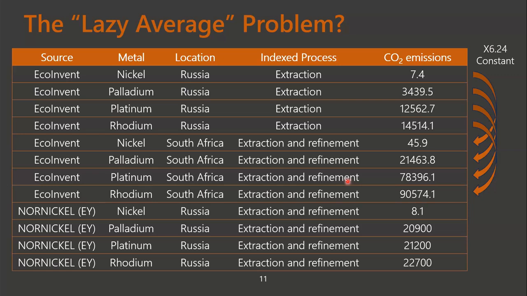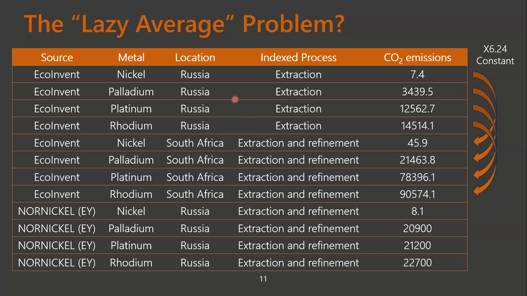And then to compare to a second data set, this is an audit report from EY on the company Nornickel. They need to do this for legal reasons. They're a public company, or as public a company as you can be within the Russian Federation, I guess. But they have data for both the extraction and refinement.